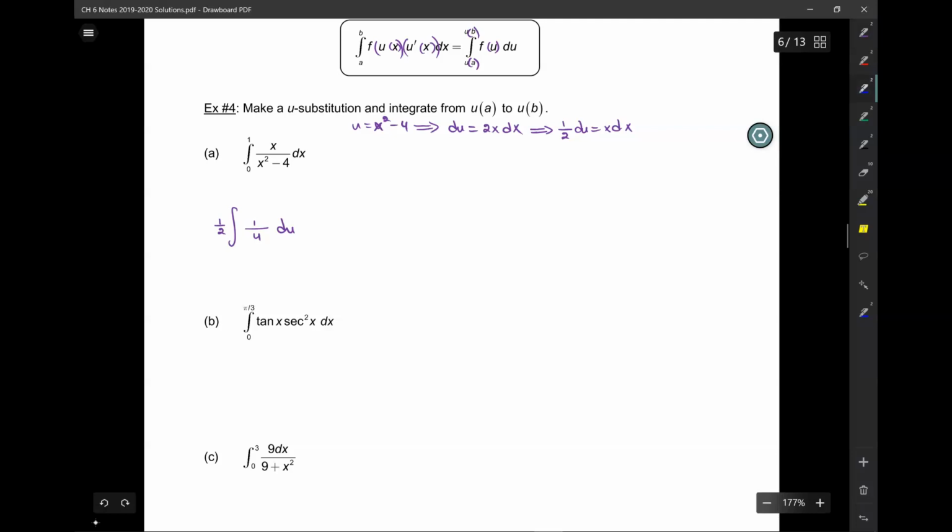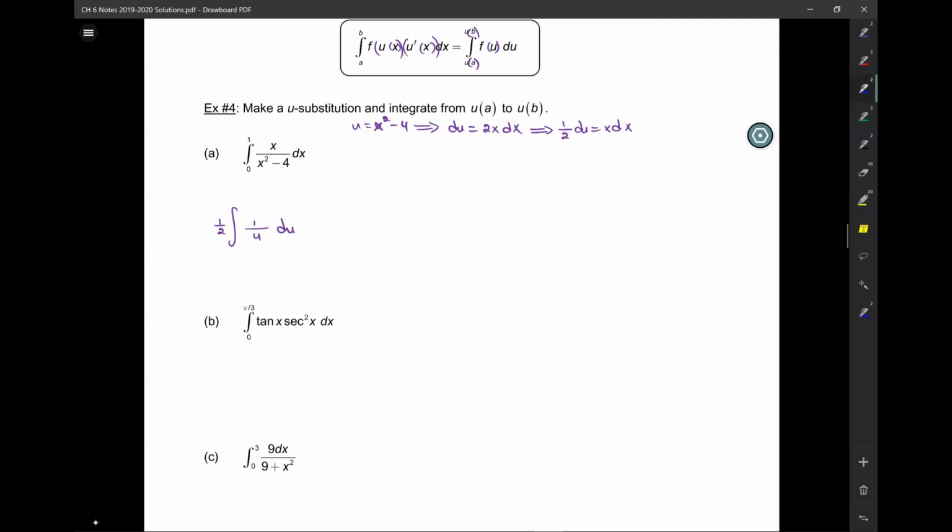Okay, hang on. Now for the bounds. These bounds here from 0 to 1 were for the x's when your function was x over x squared minus 4. Now I have a completely different function, 1 over u. So if my x's went from 0 to 1, u can't go from 0 to 1.